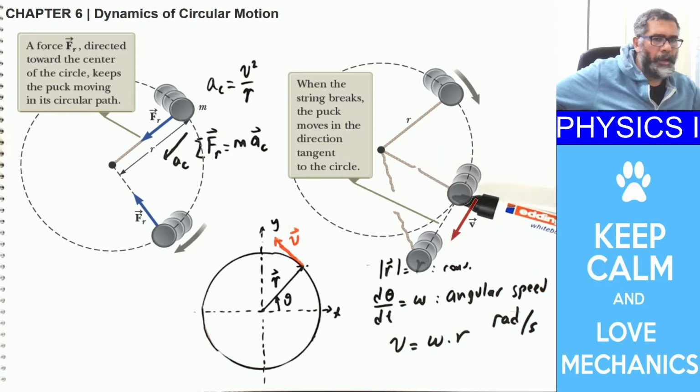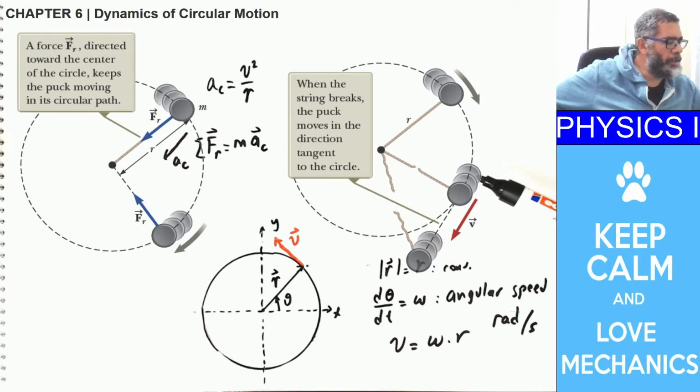If you ask how the puck will continue its motion, according to Newton's first law, if there is no force acting on the object, it will move at a constant velocity without changing its direction or its speed.